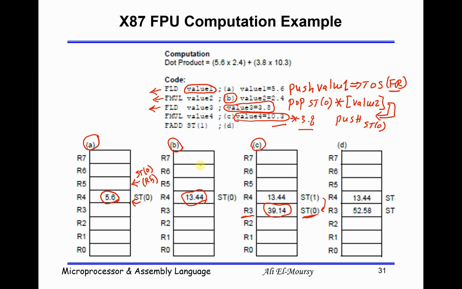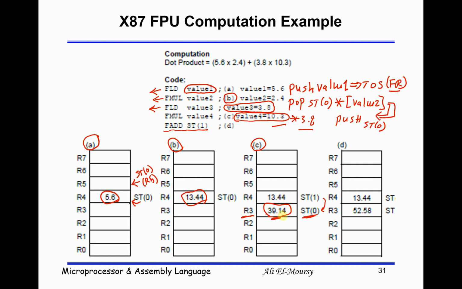The last instruction is the fadd, but here I'm doing fadd between ST1 and ST0. ST0 is this location and ST1 is this location. So fadd will add those two together.